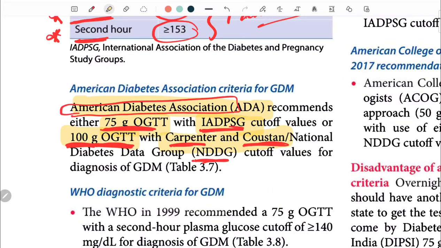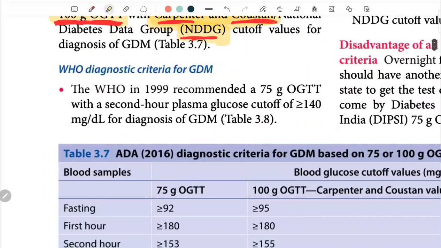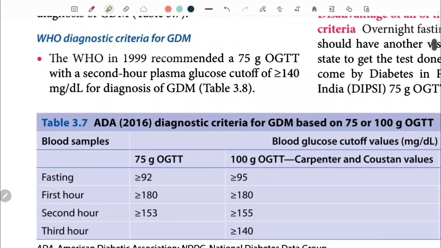Carpenter and Coustan is very important.